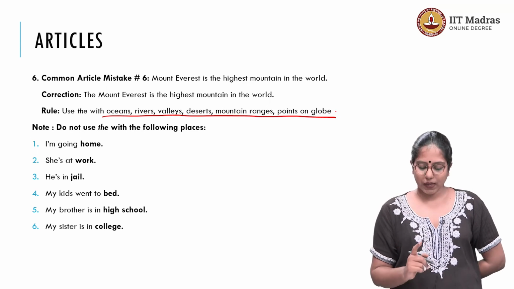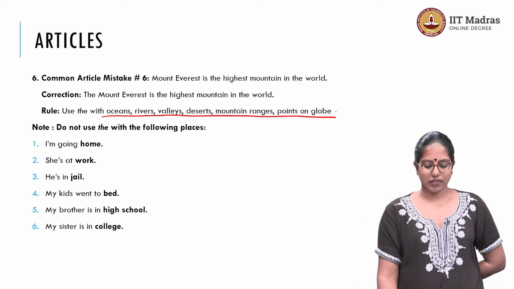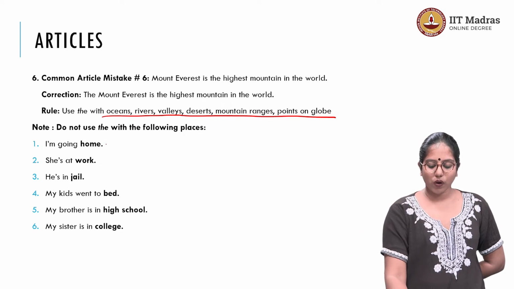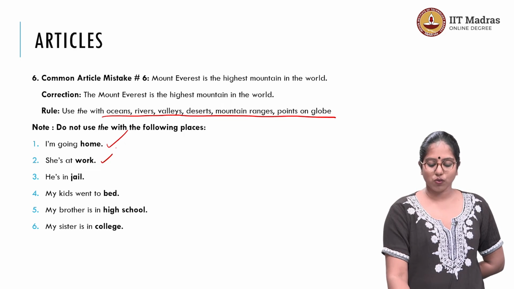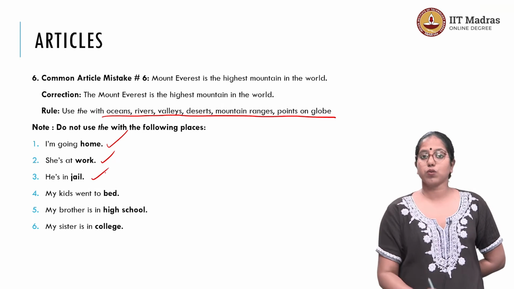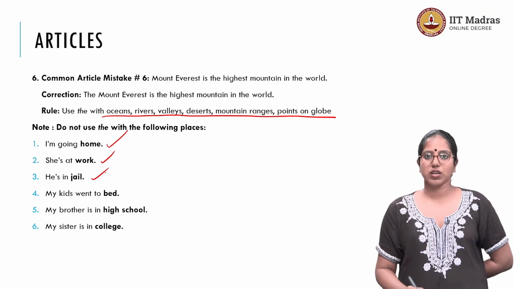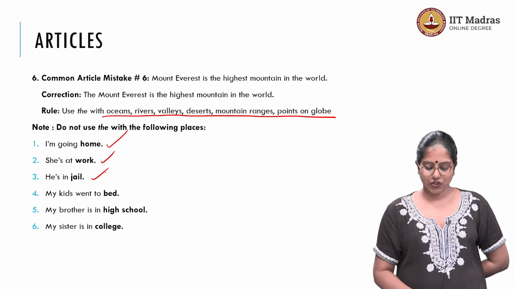But please make a note of this, that you should not use the with the following places. I am going home. You don't say I am going to the home. She is at work. You don't say she is at the work. He is in jail. You don't say he is in the jail. It's a very common error. He is in jail.